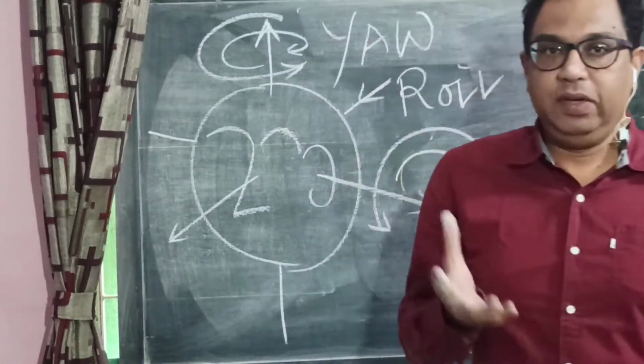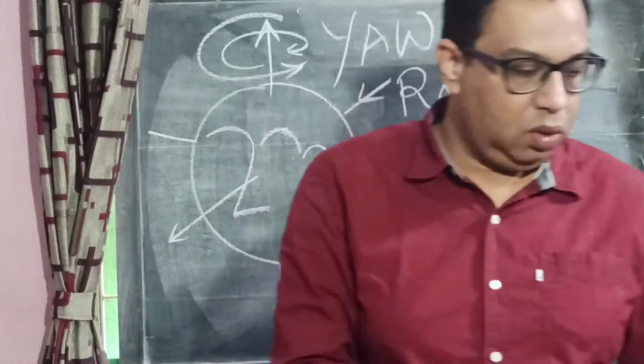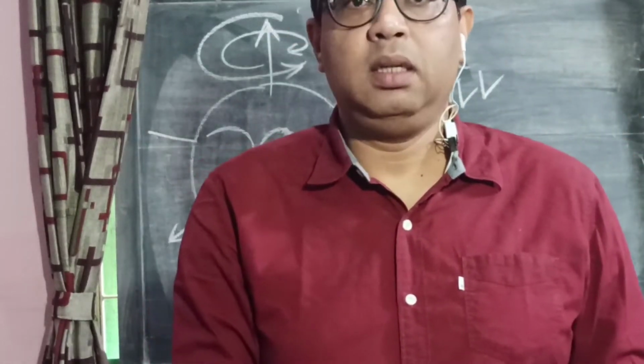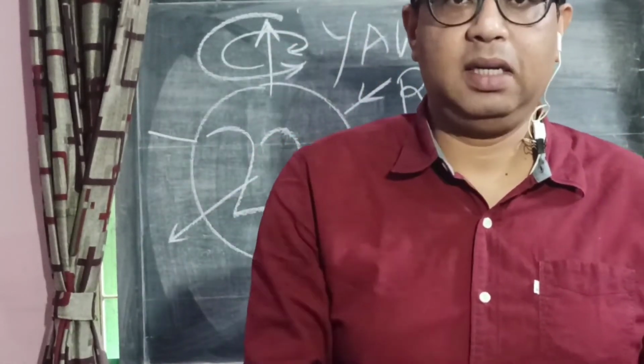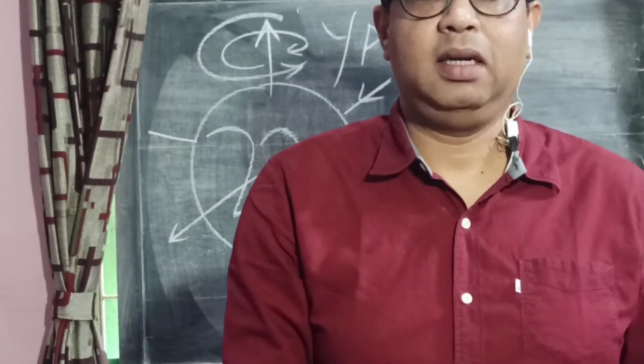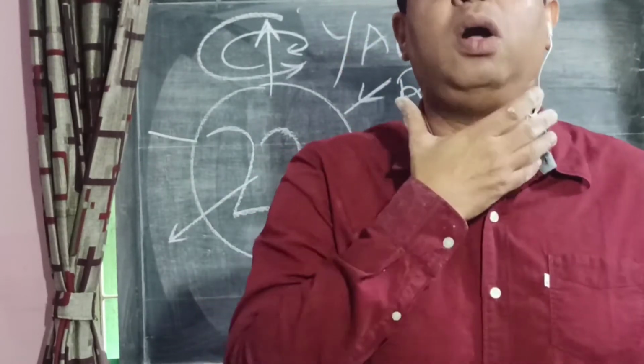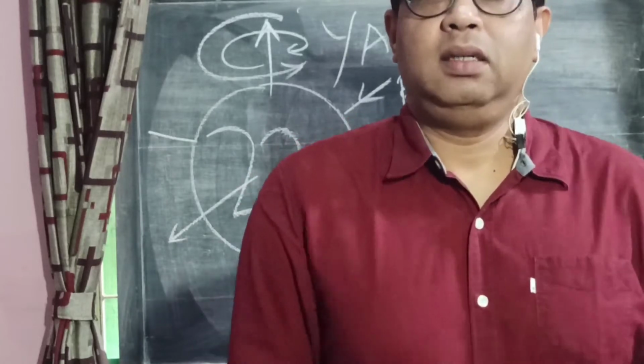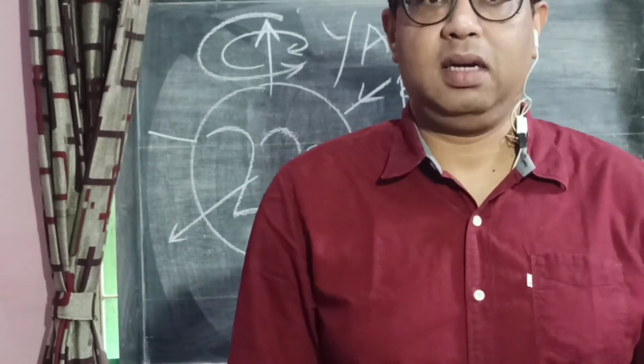The basic idea of the vestibular system is to give the feedback to the brain regarding the position of our head on our neck and then obviously on our trunk.